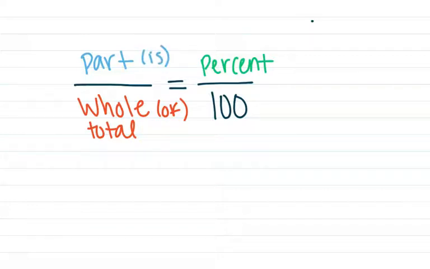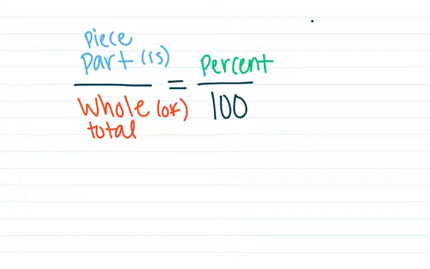Again, this is going to be a piece of the total, so it's going to be something specific. For example, if I'm talking about people voting, maybe I had 300 people vote and 60 of them picked a fish as their favorite animal. The part would be the 60 people who picked fish, and the total amount would be the total 300 people who voted.